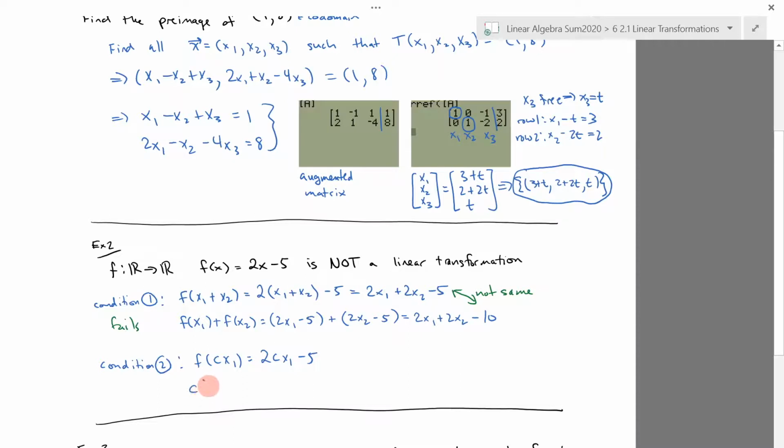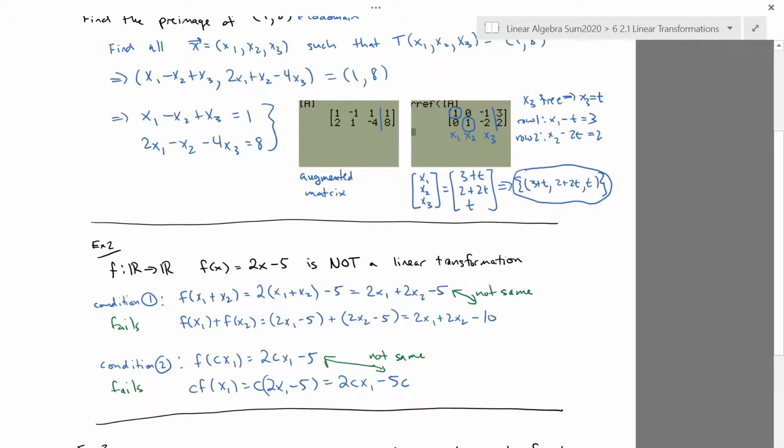And if I do the scalar multiplication the other way, I transform first, that's 2x1 minus 5, and then I scalar multiply by c. So what does this look like? It looks like 2c x1 minus 5c. But again, you can see that this and this are not the same. And so condition 2 also fails.